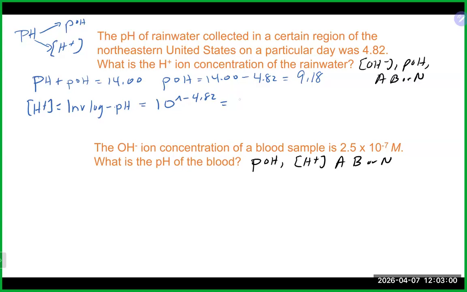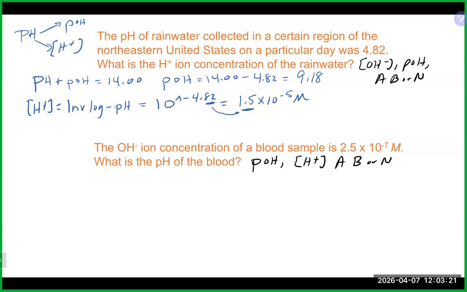It's going to get you a 1.5 times 10 to the minus 5, I believe, here. By the way, going backwards, as we were just talking about, two decimal places gives me two sig figs.